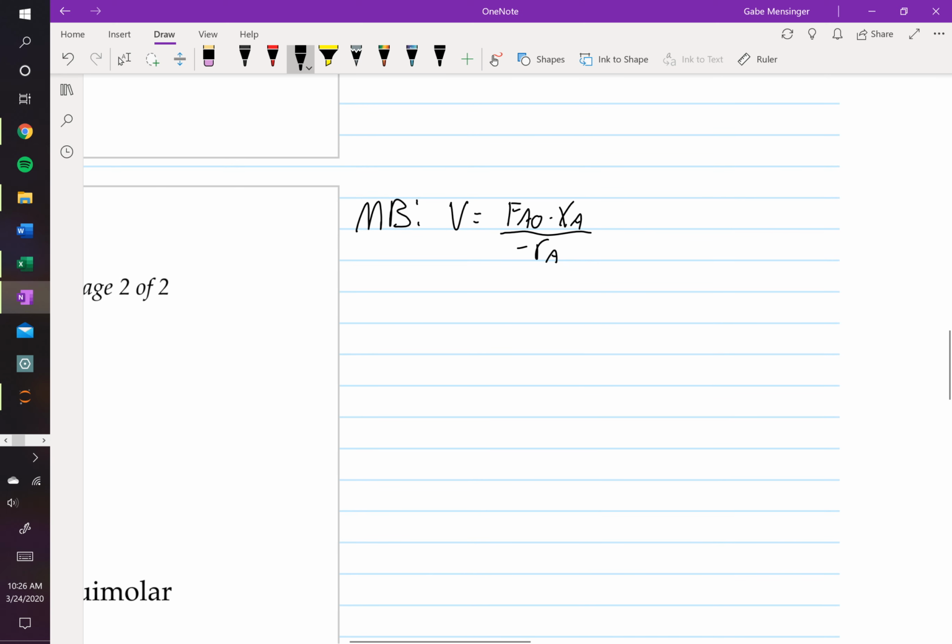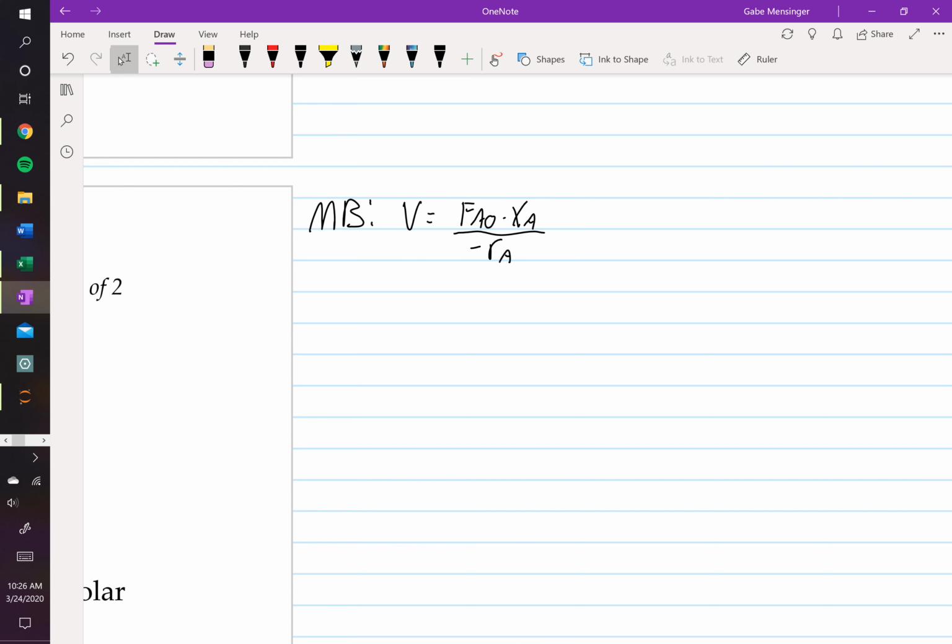We're told it is an elementary, liquid phase reaction, so minus RA is equal to K times CA. Again, liquid phase, and writing in terms of conversion, CA is equal to CA naught times 1 minus XA.